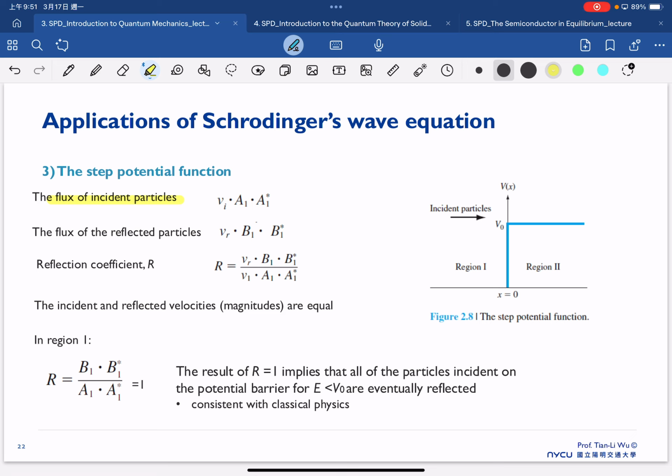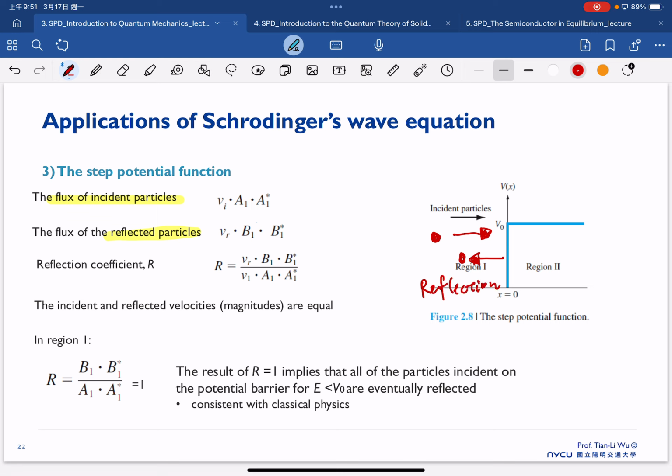I think that's pretty straightforward. We try to inject the particle to the right, and of course we can expect that there are reflections, right? So we should have the reflected particle as well. So we have a reflection here.